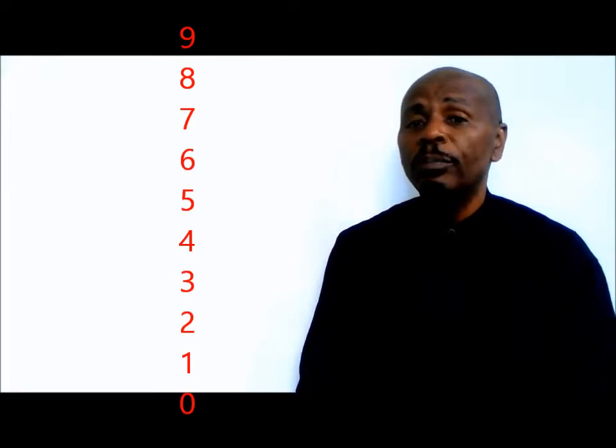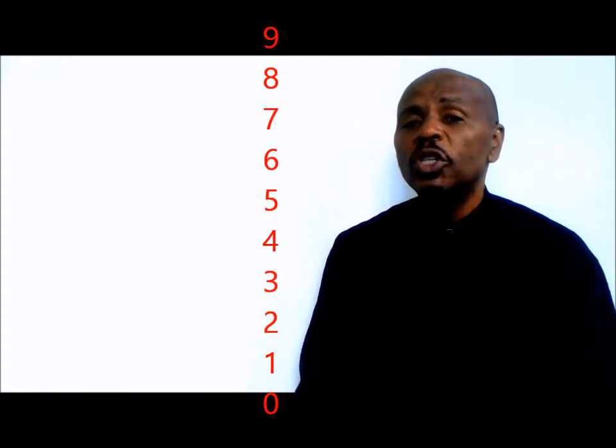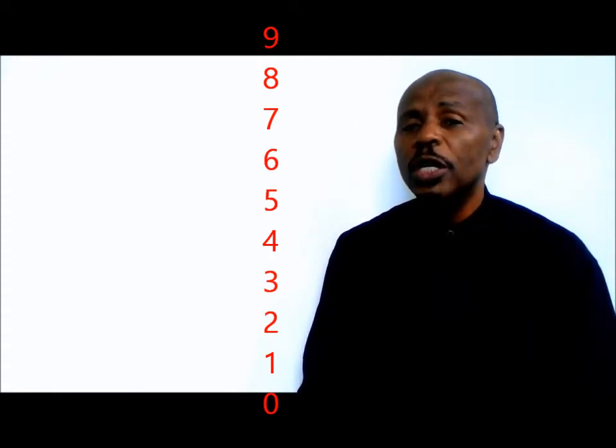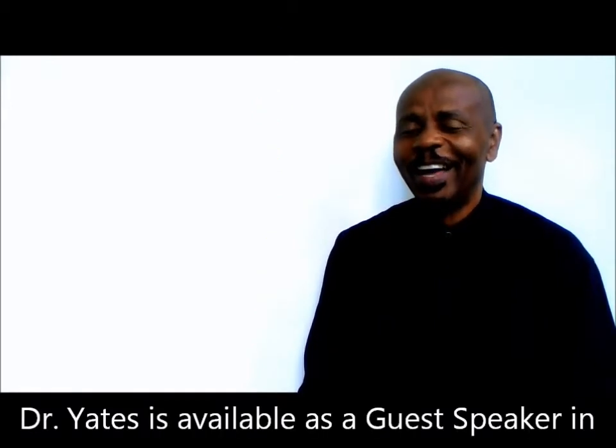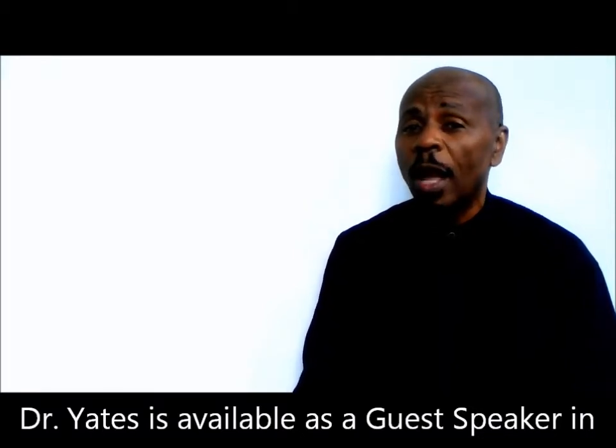In other words, she gave birth. 0 is in this case being identified as she, the mother, or she, the woman, or she, the creator. I know some of you might be a little worried about that terminology Dr. Yates used, but when you learn the math, you'll see how logical and practical it makes sense.